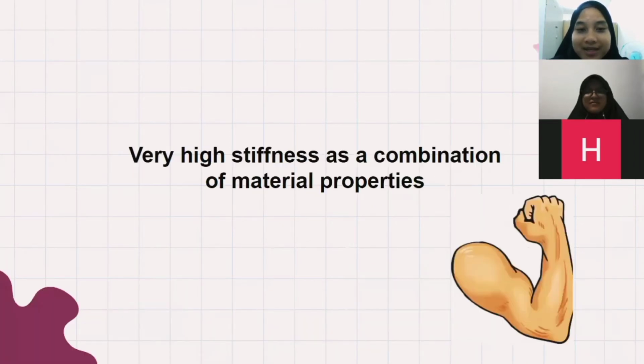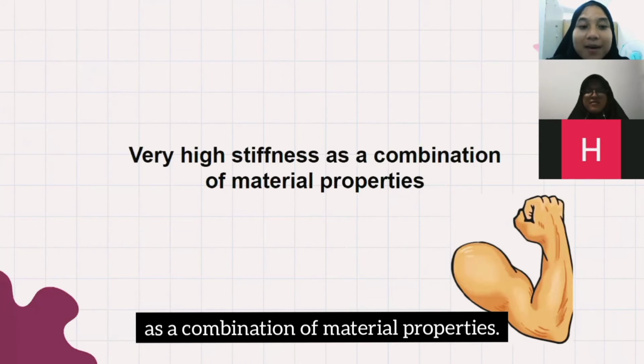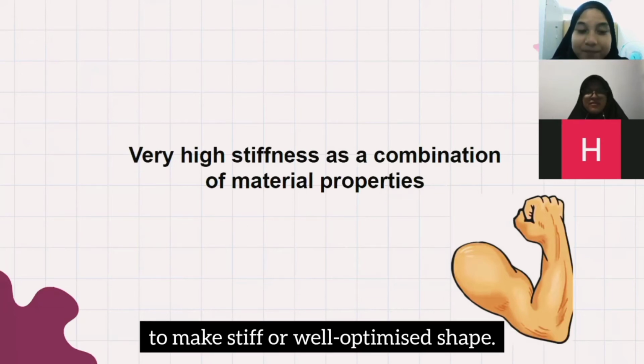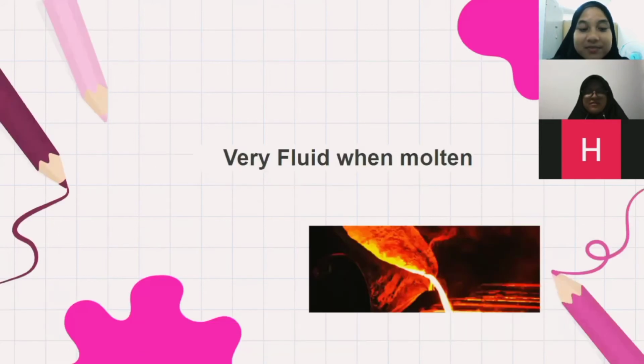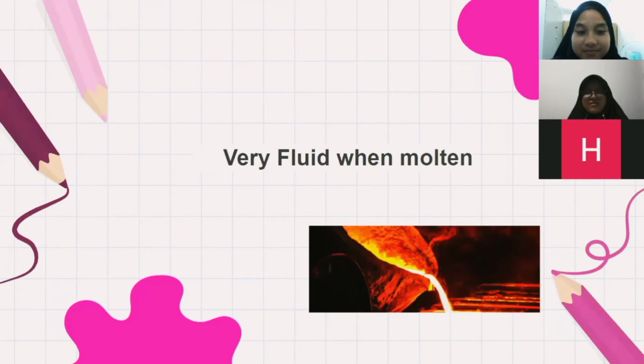Okay, next, the cast iron engine has very high stiffness as a combination of material properties. Do you know that casting is a practical way to make stiff or optimized shapes? The third one is that it is very fluid when molten.